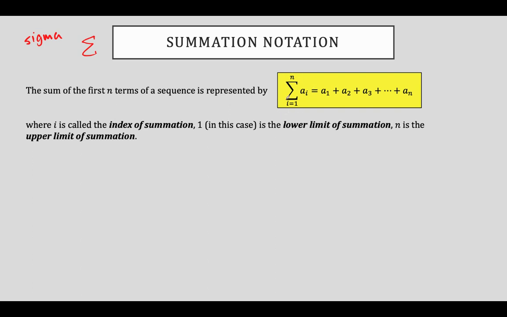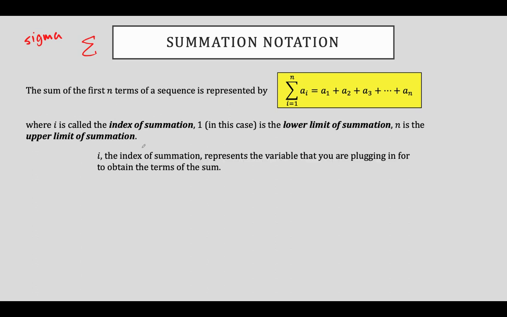We have the sum from i equals 1 to n of a subscript i is equal to a sub 1 plus a sub 2 plus a sub 3 plus dot dot dot plus a subscript n, where i is called the index of summation. 1, in this case, is the lower limit of summation, and n is the upper limit of summation.